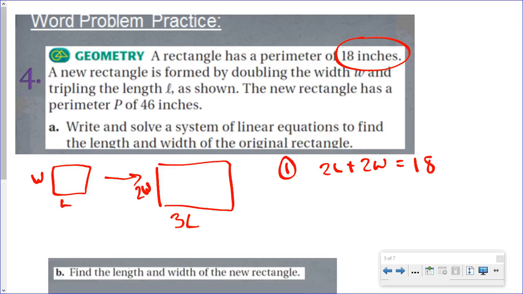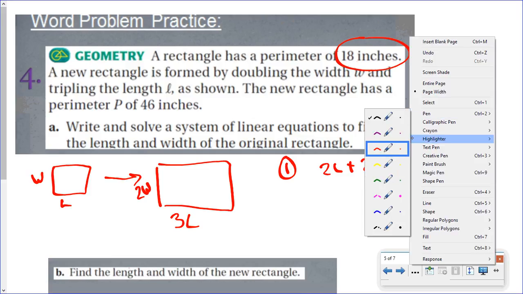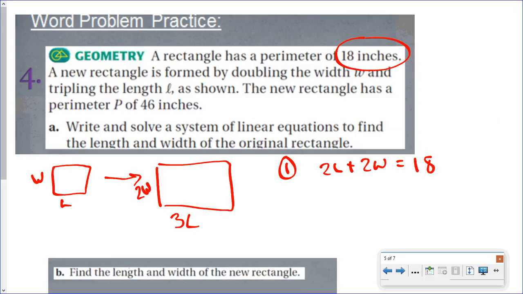But for my next rectangle, let me switch here. I know that I'm actually going to triple the length, so 3 times L is 6L. And then for the width, I double that, so it's 2 times 2w.